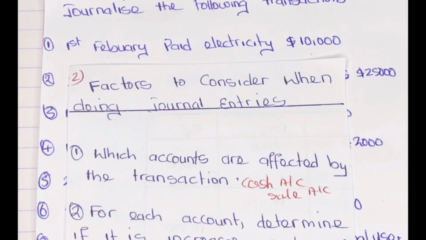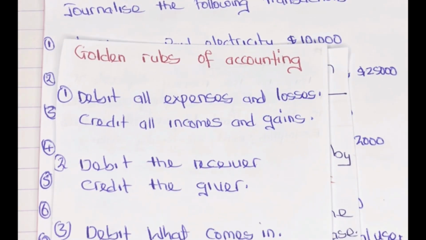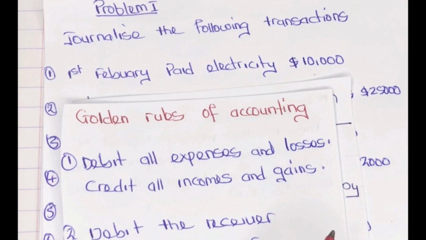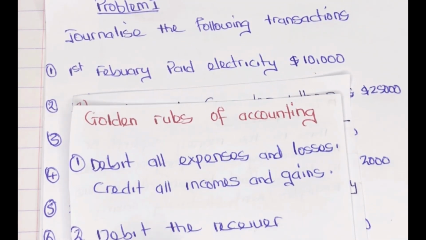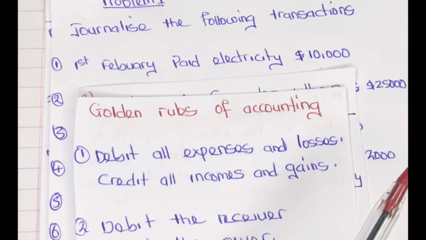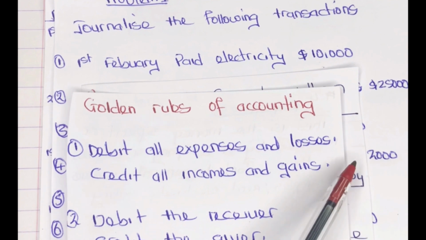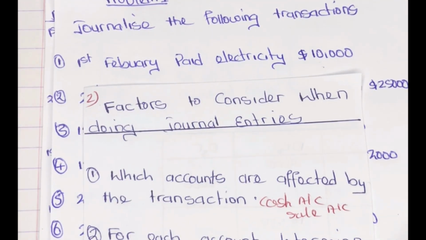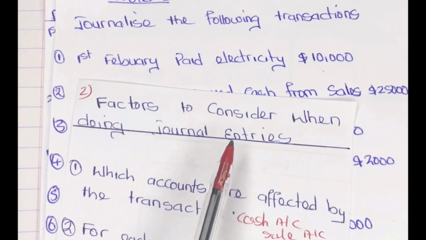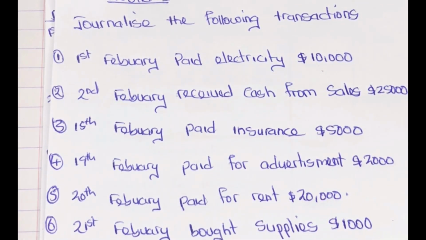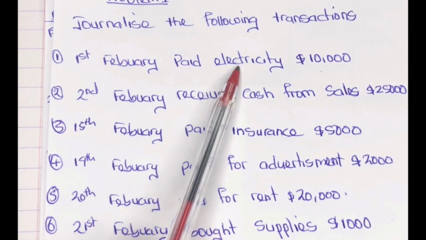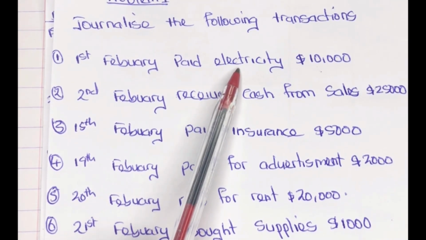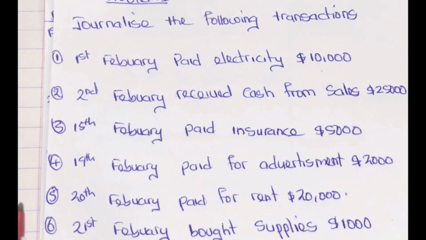And then we have to look at the one that is receiving. We go back to the golden rules of accounting, which says, debit the receiver and credit the giver. So in this transaction, which account is receiving and which account is giving? If we are paying electricity, it means that electricity is receiving and cash is giving, or cash is going out.